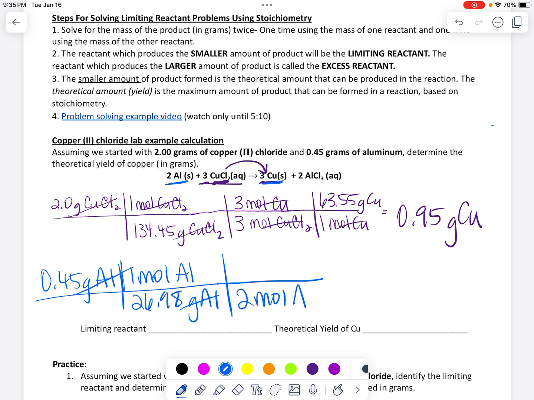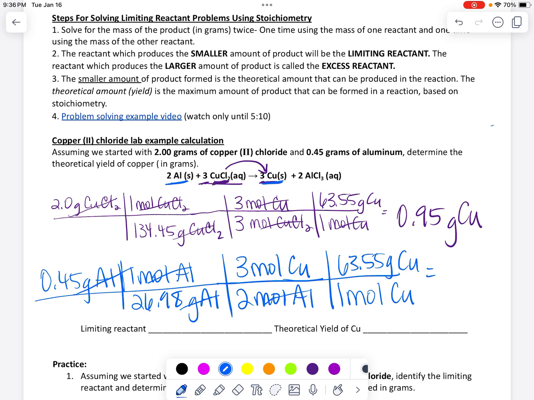For every 2 moles of aluminum, there are 3 moles of copper. And then finally, I need to go to grams of copper, and I know that 1 mole of copper weighs 63.55 grams. Now I will multiply everything across, divide by everything on the bottom, and I get 1.59 grams of copper.